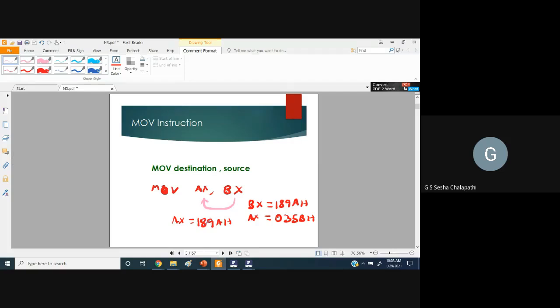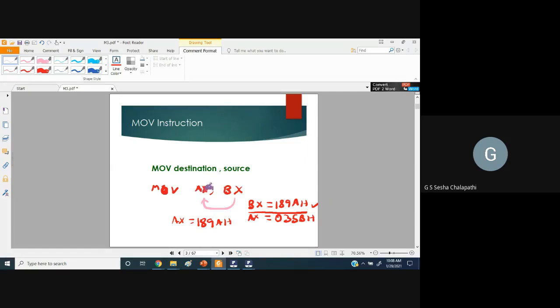So the contents of ax will change to the contents of bx, whereas the bx contents will remain the same. That is how move will operate.